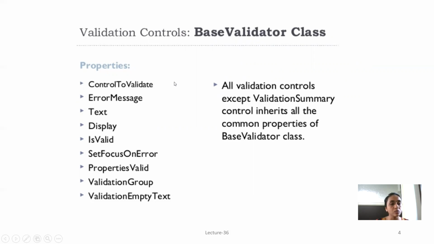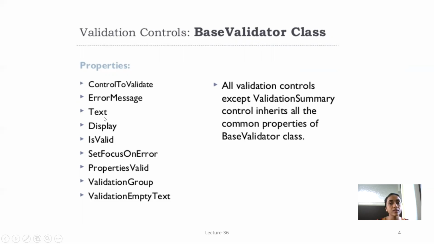For example, to validate TextBox1 with a required field validator, you need to set this property ControlToValidate equal to TextBox1. Next is ErrorMessage. Whatever error message should be displayed when an error occurs or the validation does not match is written with this property, ErrorMessage.